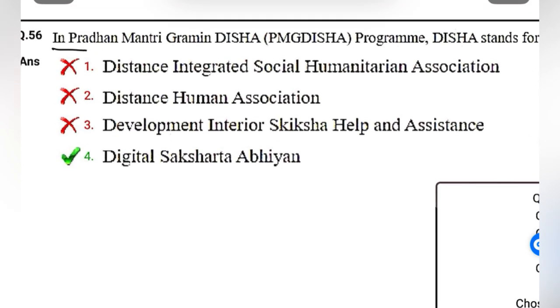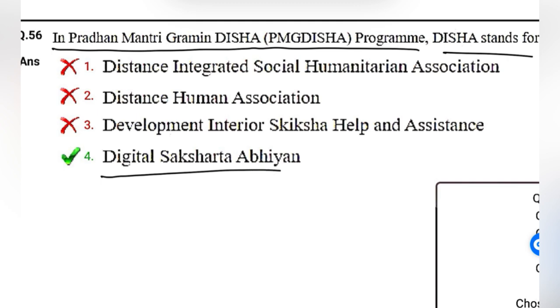In Pradhan Mantri Gramin Disha program, Disha stands for Digital Saksharta Abhiyan. Here DI means digital, SH means Saksharta and A means Abhiyan.